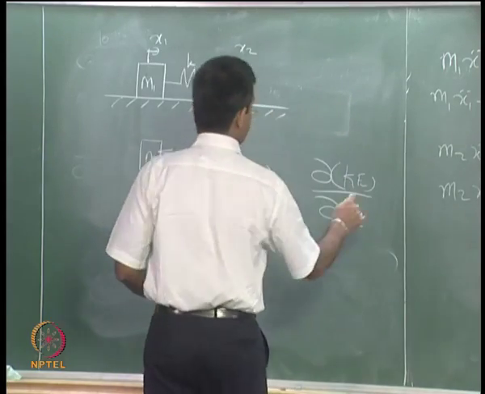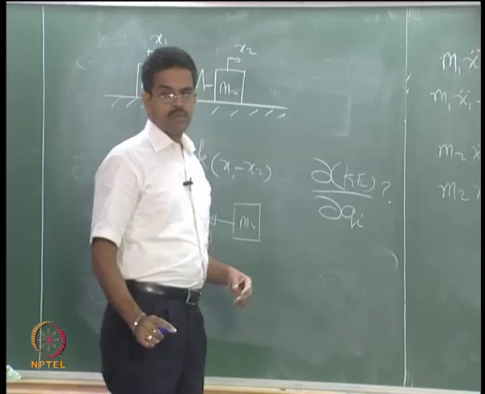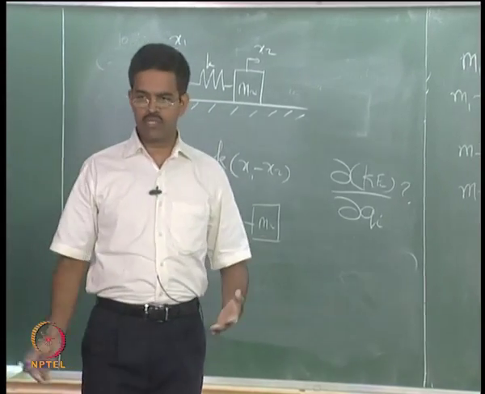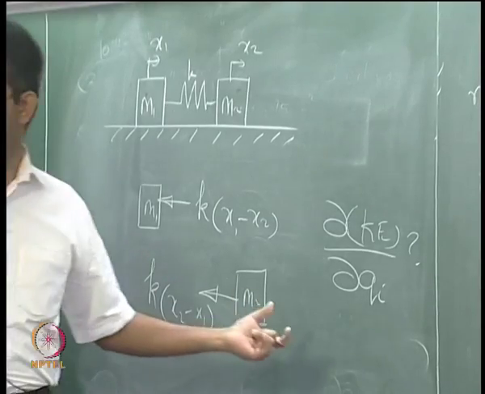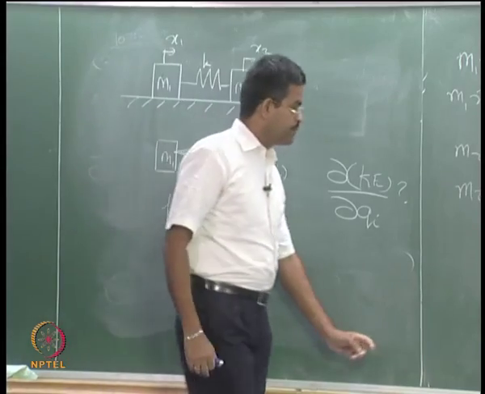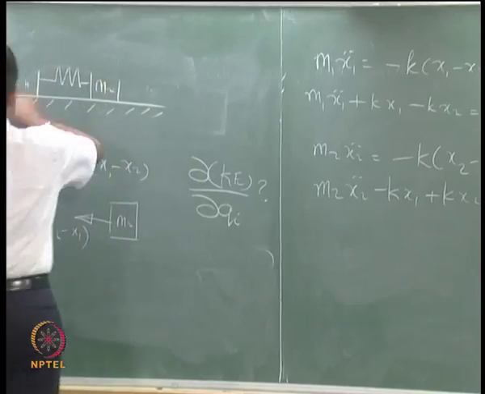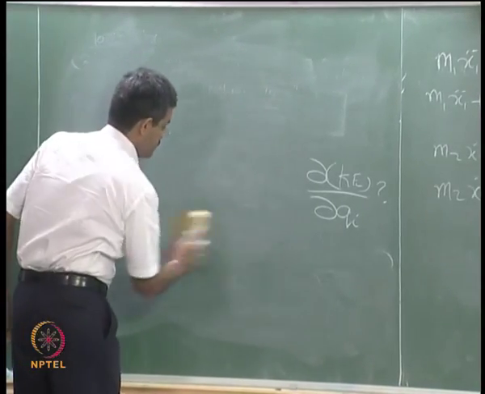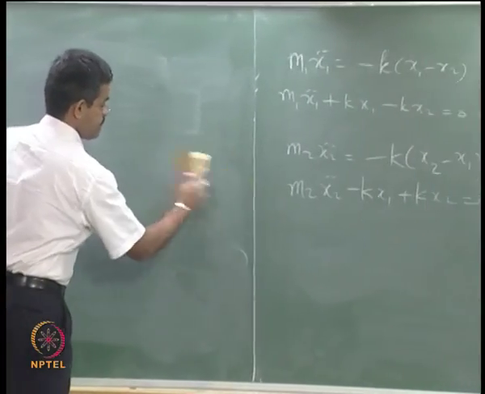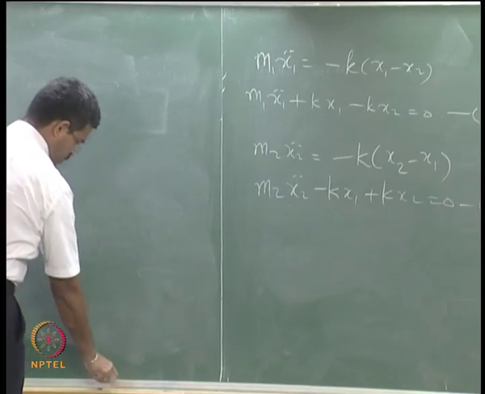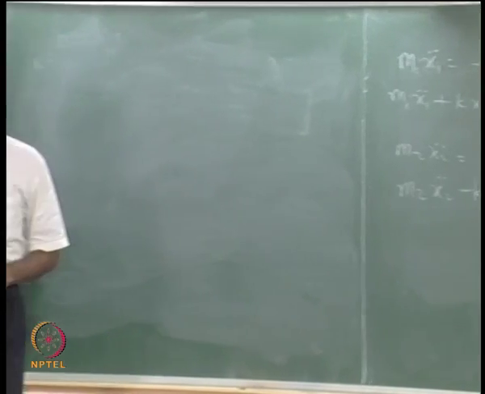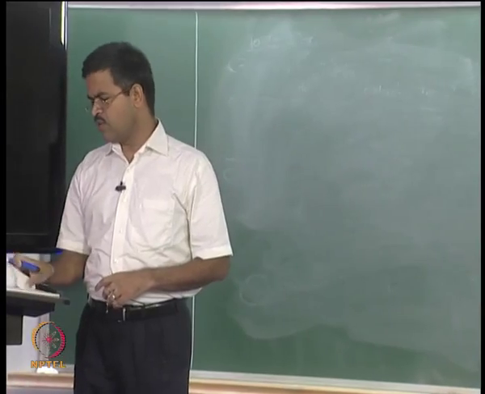Kinetic energy is always a function of velocity, but why do I have a term here? Think it over. Any doubt? We will move on to another problem where we will violate this standard and see what happens.